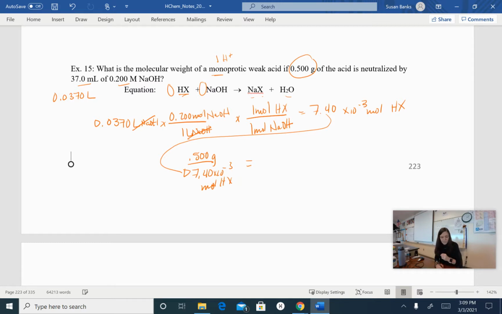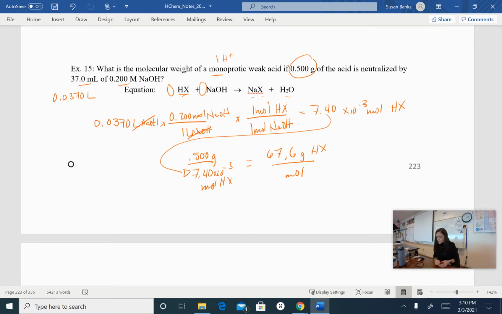And when I do that, it gives me a molecular mass of 67.6 grams per mole. Okay, so I could actually figure out acids that have near that molecular weight and hopefully figure out what acid I'm dealing with. Okay, so there's some examples of quantitative neutralization.